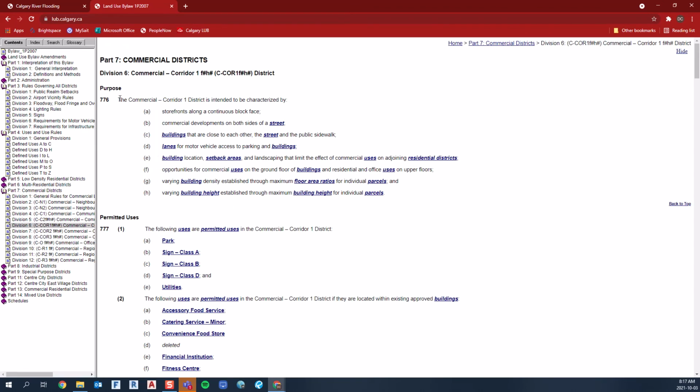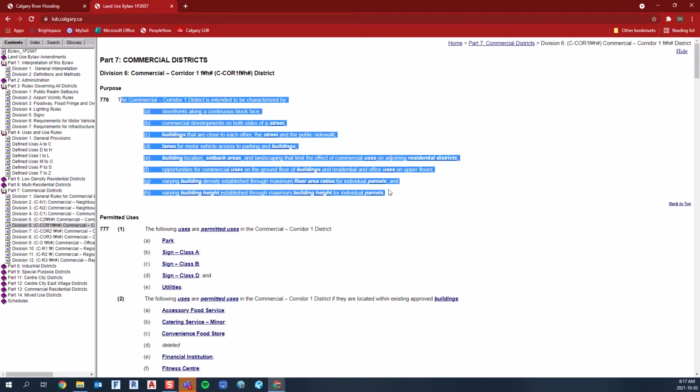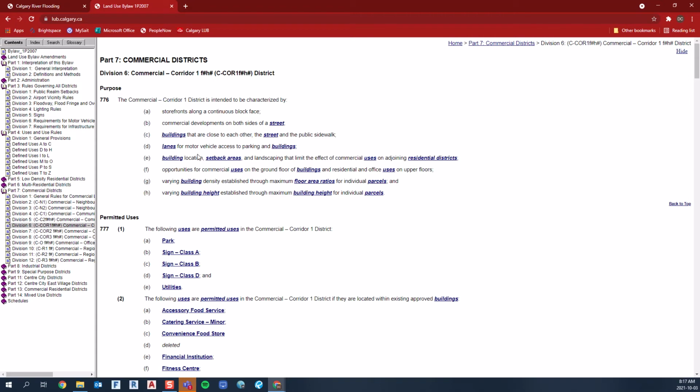One good thing to pay attention to in the districts is always the purpose. The purpose is a good thing to read, because if you read this one, for example, C-Core 1, it pretty much tells you that the lanes are for motor vehicle access to parking and buildings. So if it's C-Core 1, they don't want to see an access from the street. They want it from the lane. It's telling you that right off the bat.